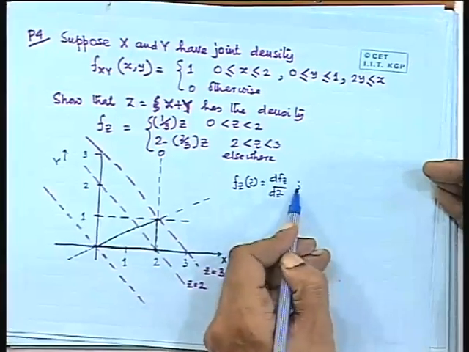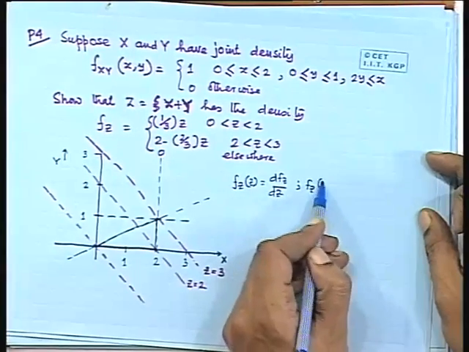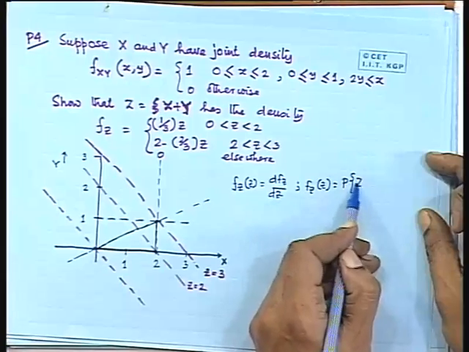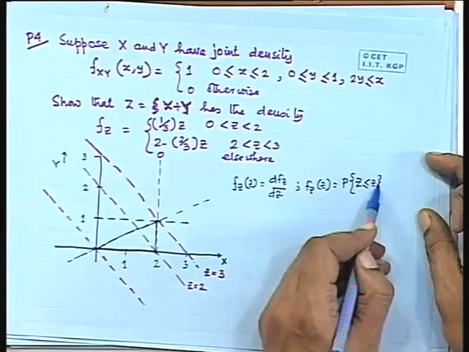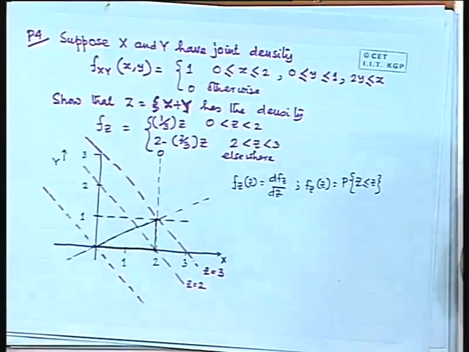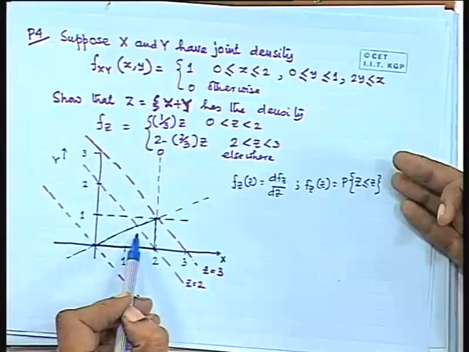What is Fz? Probability that z is less than or equal to small z, right? So for example, if you are given small z is equal to 2, what is that probability? The probability will be this line, this area.